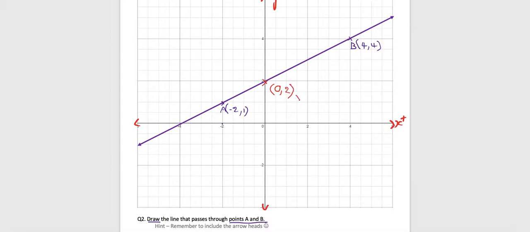So this is the y-intercept. And the x-intercept, well, that is the point at which this line crosses the x-axis, and you can see it crosses here at -4. So we can say that it is (-4, 0), and notice that the y value is 0 here, and this is the x-intercept.